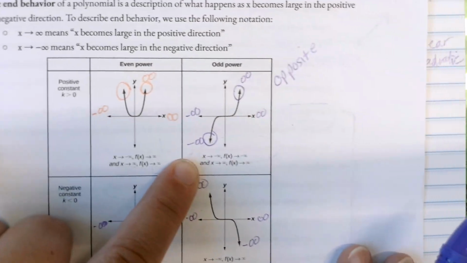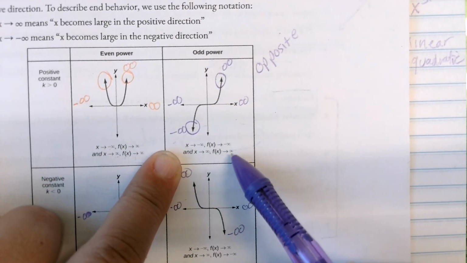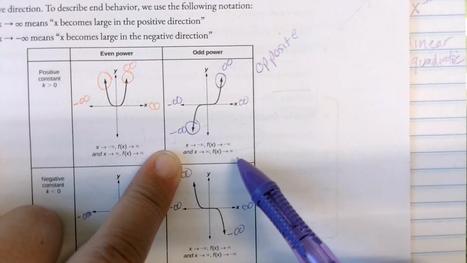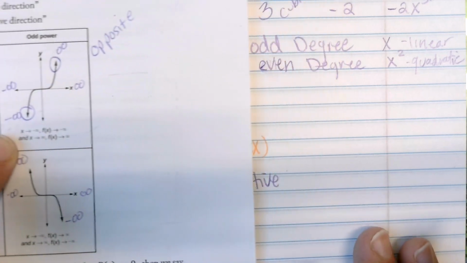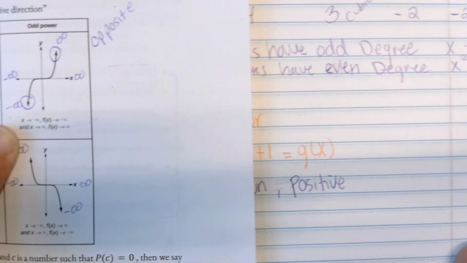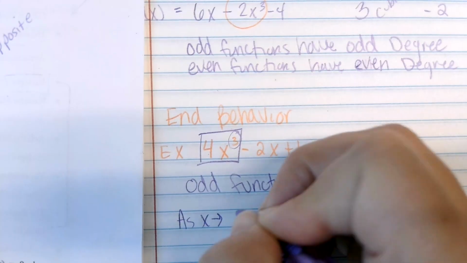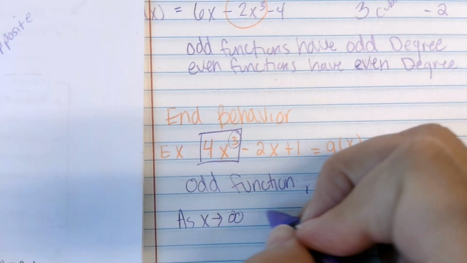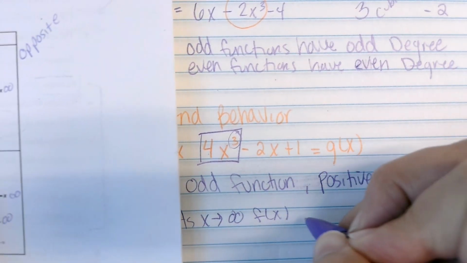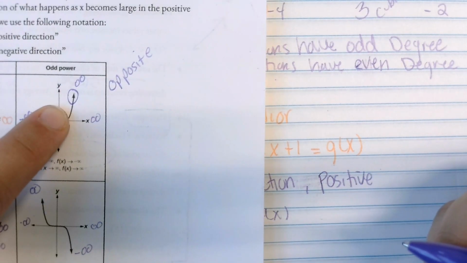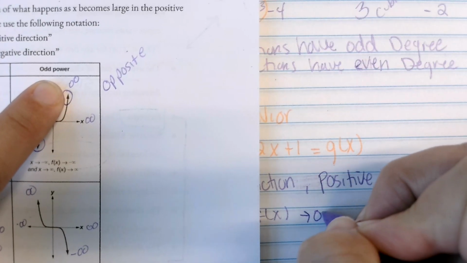For your homework, you just have to fill in the infinities at the end. For me, I'm going to have to write the whole thing. And remember, I write it backwards, so I'm going to write as x approaches infinity, f of x, our positive side of the graph, is pointing in the positive direction.